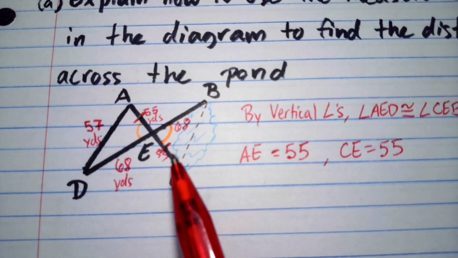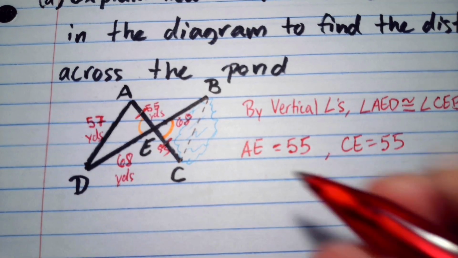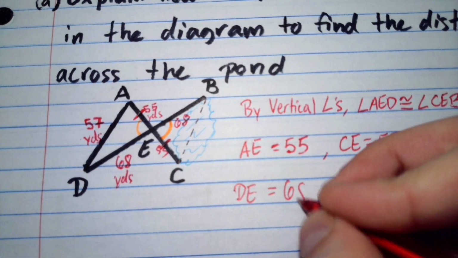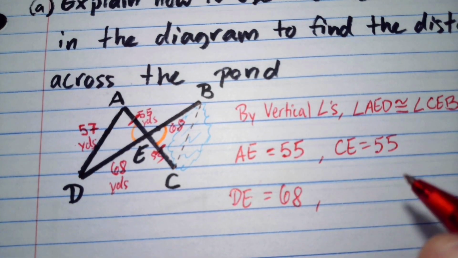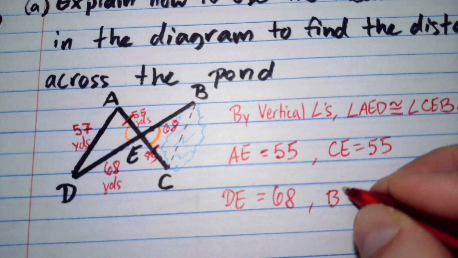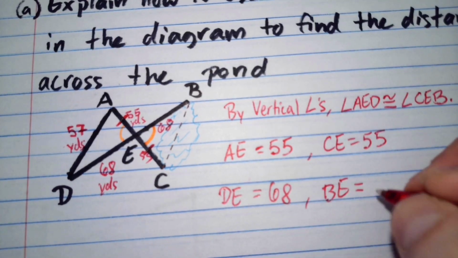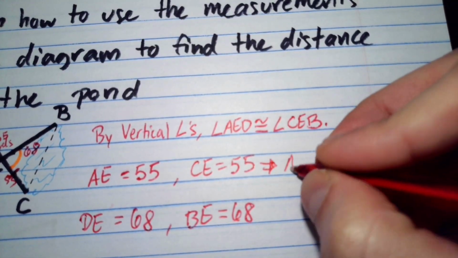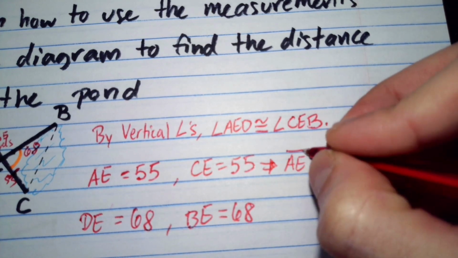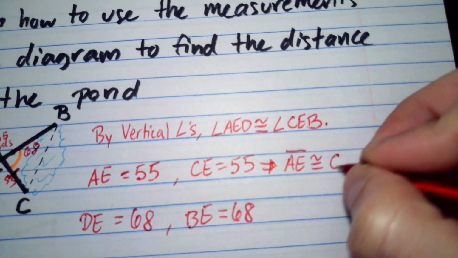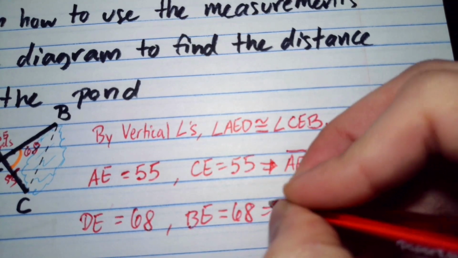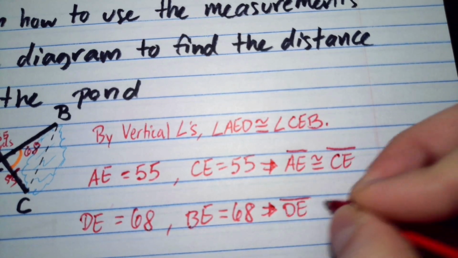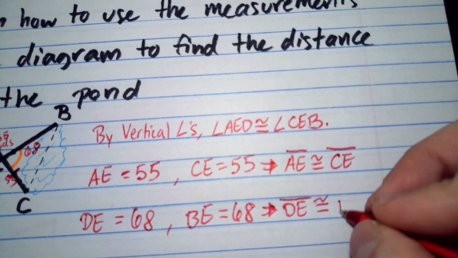If you pay close attention again, we should notice that segment DE is equal to 68 yards. Then we also know that segment BE also equals 68 yards. So in other words, we know that segment AE is congruent to segment CE, and we know that segment DE is congruent to segment BE.